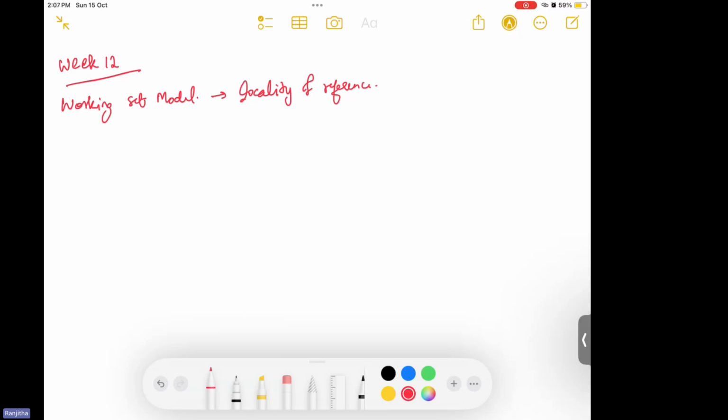It means that at a given point of time, the program or process always has this tendency to refer to something that it has already been referring to, or something in the same locality, right? So if we are able to track this, like at a given point of time, if the process is using this set of pages, and at a later point of time it is using a similar set of pages, this gives us an estimate of the number of active pages at any given point of time.